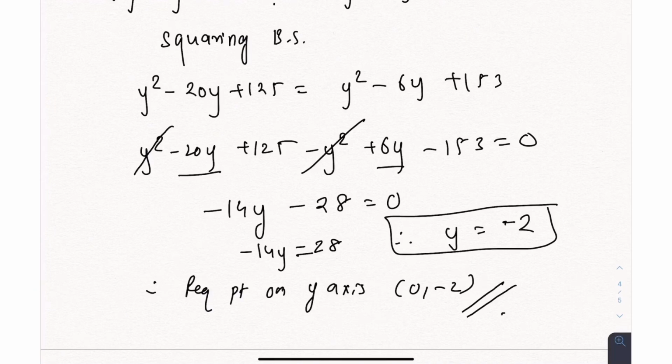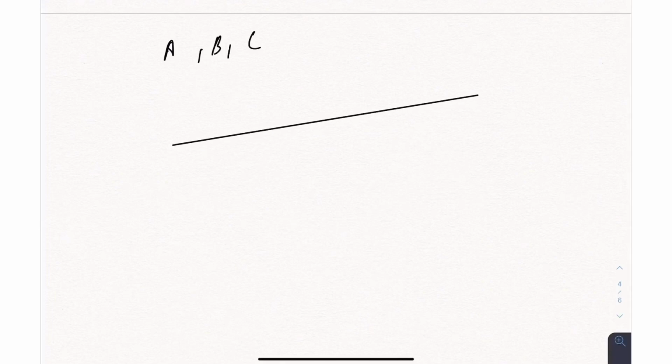So before starting the next question, I want to discuss something with you. Do you guys know what collinear points are, or which points are called collinear? Suppose there are 3 points A, B, and C, and I'm drawing a line, so here we have A, somewhere here we have B and C. If all the points lie on the same straight line, then the points are called collinear.